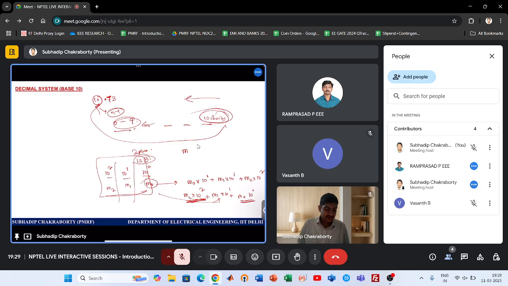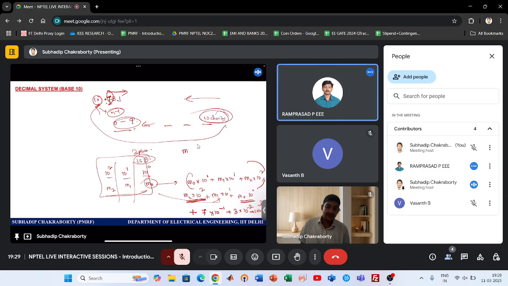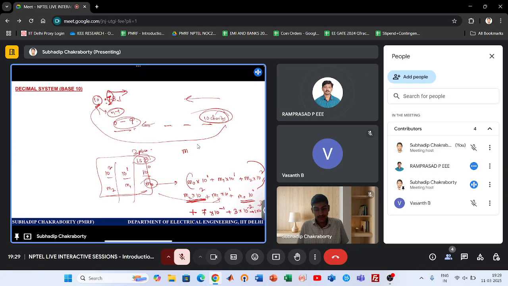For the fractional case, we have 7 into 10 to the power minus 1 plus 3 into 10 to the power minus 2 plus 1 into 10 to the power minus 3. So the priority starts from the first digit in the fractional part, and from the lowest bit on the left for the whole number part.